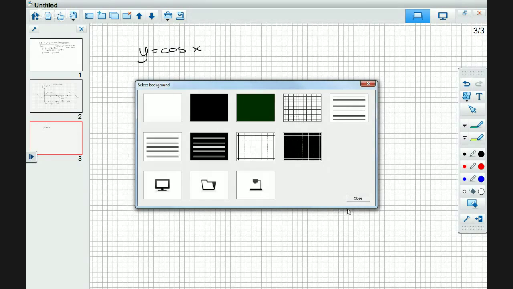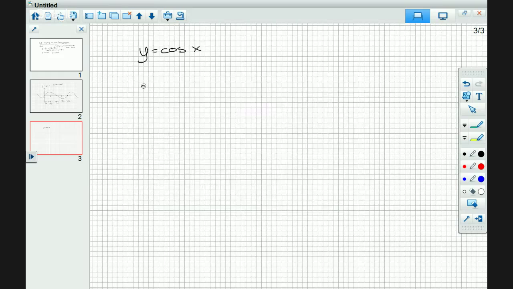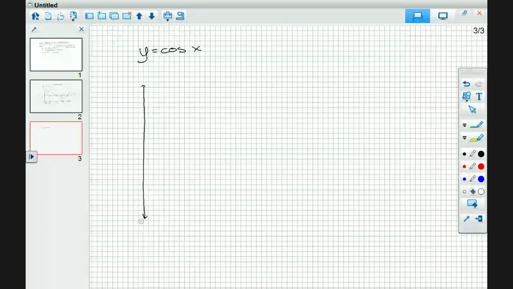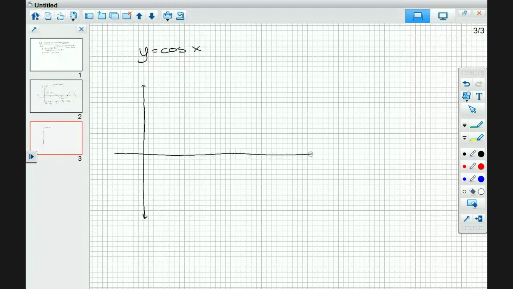It's going to be a very similar pattern. Again, -1 to 1, and then I do by pi over 2, pi, 3 pi over 2.